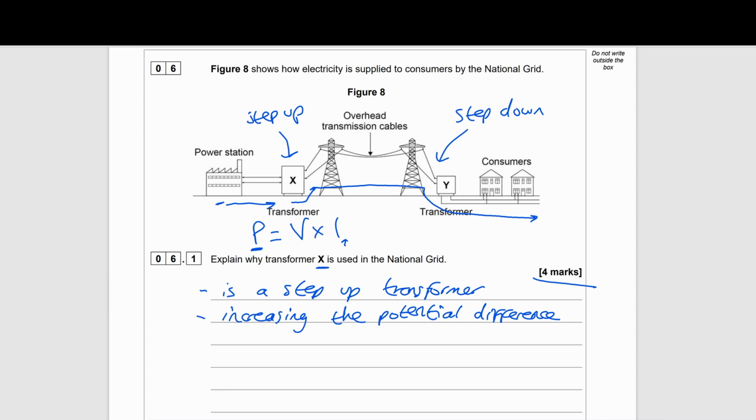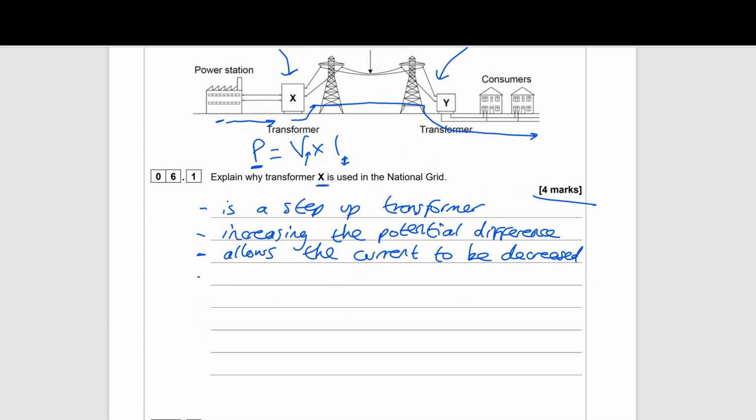So we still want a high power, so we can increase the potential difference even more. So then that means that our current can be decreased a little bit, so we still have relatively high power. So by increasing the potential difference, it allows the current to be decreased. Then, as I said, that then means that less energy is transferred from the cables as thermal energy.